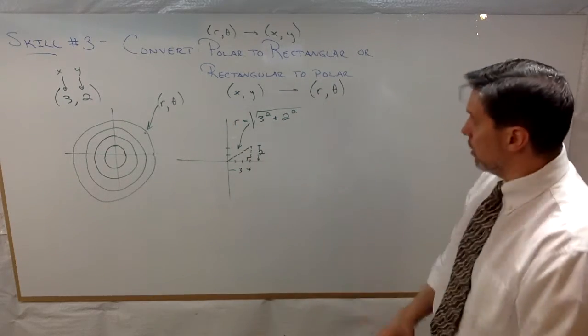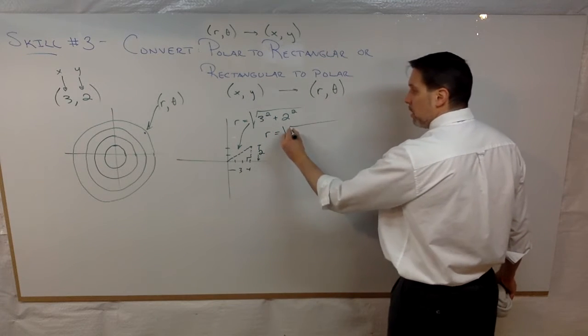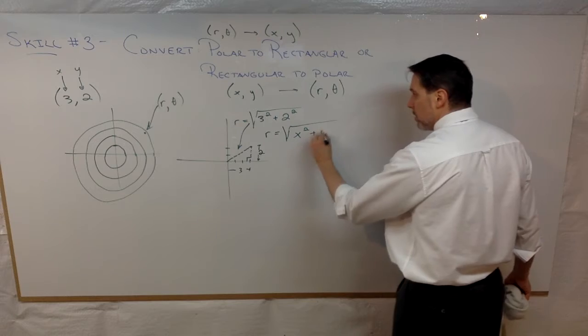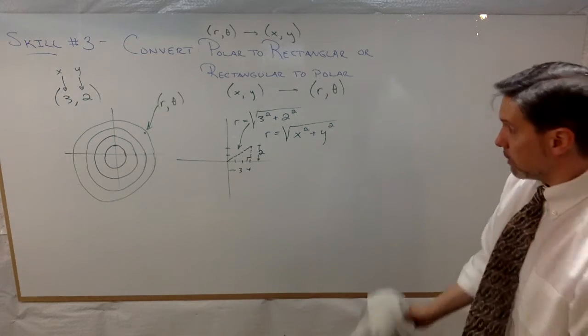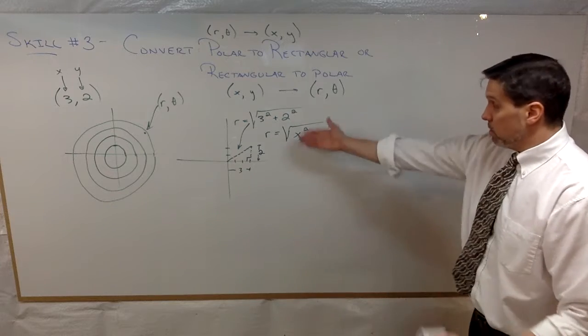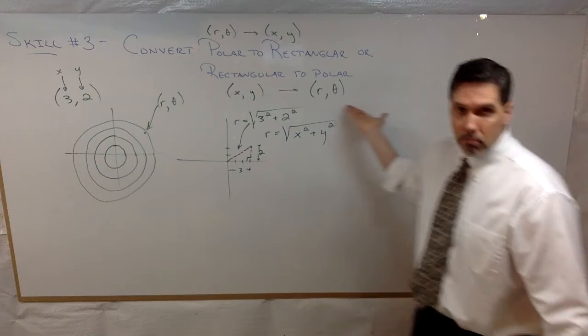R is equal to the square root of x squared plus y squared. That should not be a totally unfamiliar formula to us. We use this a lot when we were finding the exact value of the 6 trigonometric functions of theta. So to figure out your r coordinate, if you have your x and y, it's just the Pythagorean theorem.